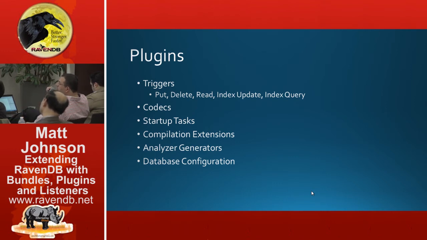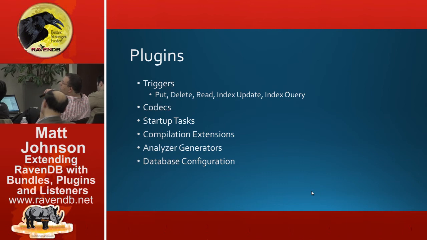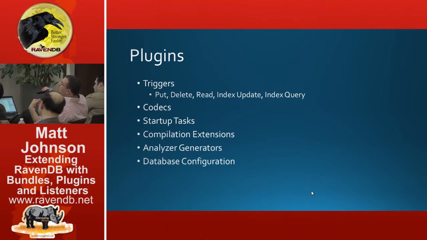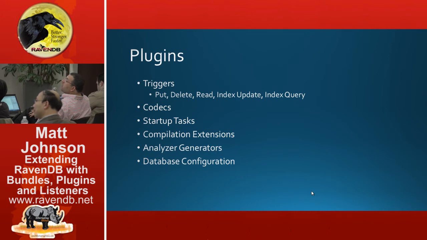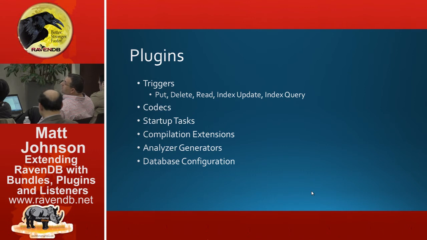For example, with the changes API, we have people that want it to go over a 0MQ channel to remote machines, or they want to do transformation or go over additional channels, or all sorts of crazy stuff like that. Those are good places to extend RavenDB. And because we're using the bundle architecture for everything, there's a lot you can do without ever touching the RavenDB codebase directly.